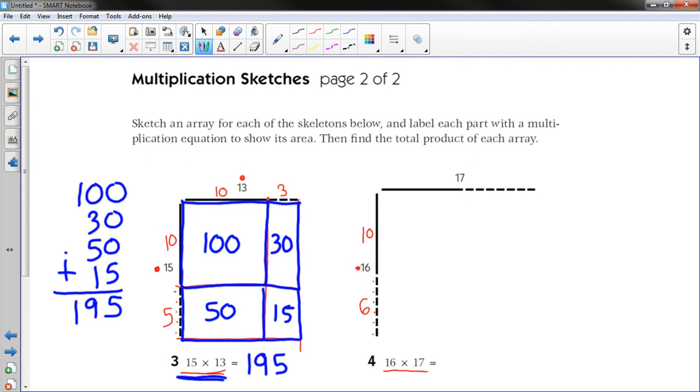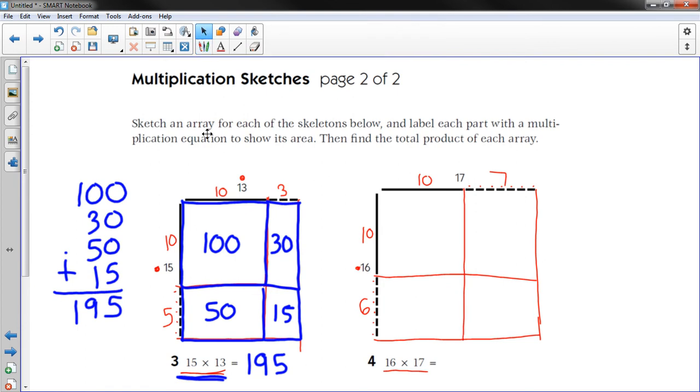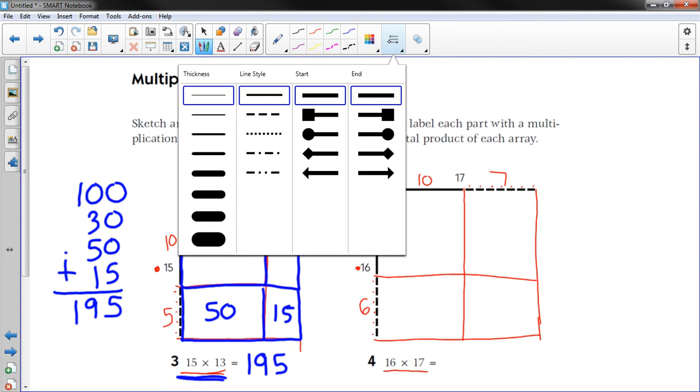And then up above, this rod represents 10, and there should be 7 of these that represent 7. And what's going to happen is it's going to make a rectangle when I draw these across, like this and like this. Now I just have to solve the area of those four smaller rectangles.